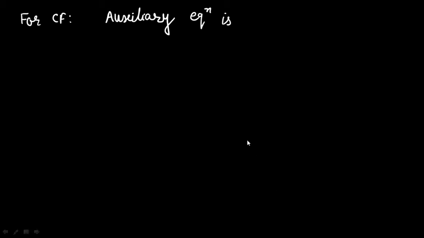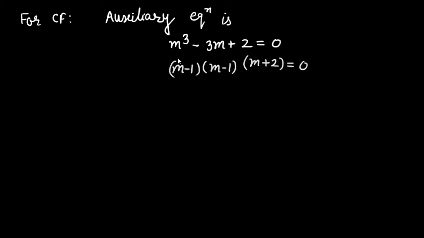Now for CF, we write down the auxiliary equation by substituting D equal to m and D dash equal to 1 in the function of D, D dash equal to 0. Then we get this equation. We simplify this and find out the roots. Roots are 1, 1, minus 2. Now 1, 1 means repeated value, equal value.